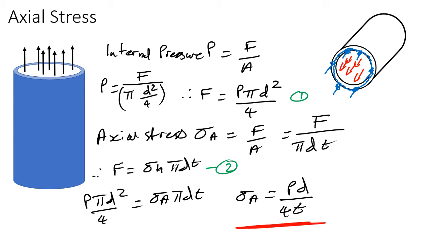So we've got an expression now for both the hoop stress and the axial stress within our pressurized cylinder. Once we know the dimensions of the cylinder and the internal pressure, we can calculate the strain, which we'll look at on the next slide, and then we can work out what the change in volume is.